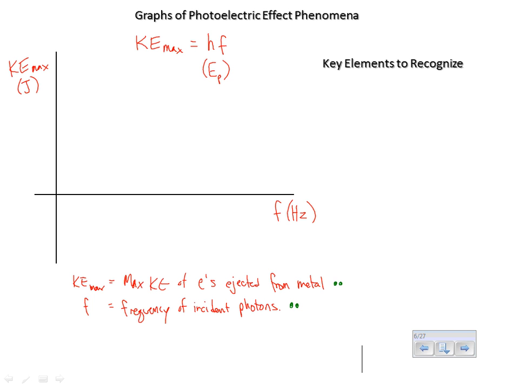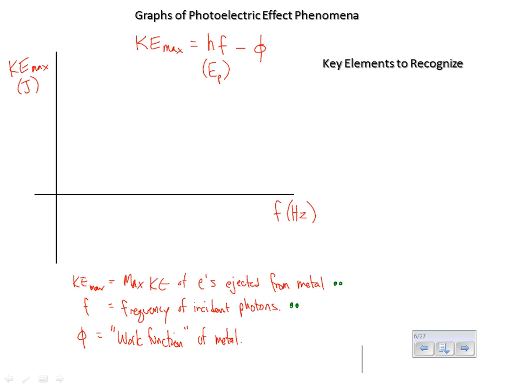But the deal is this. It certainly takes a certain amount of energy just to get an electron out of the metal, just to rip it out of there. How that shows up is this thing here called phi. Phi is called the work function of the metal.